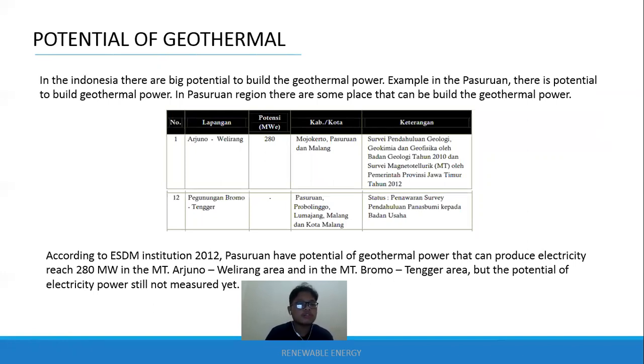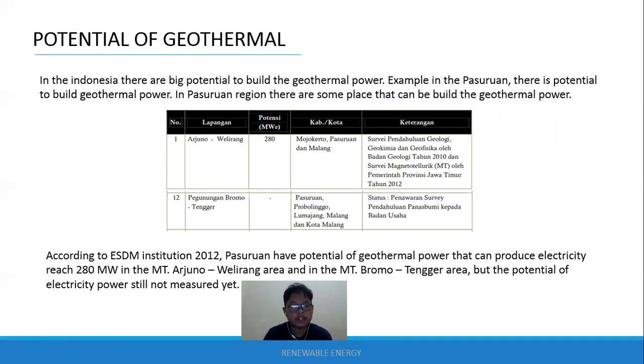So, the potential of geothermal in Indonesia, there is big potential to build geothermal power. For example, in Pasuruan, there is potential to build geothermal power. The Pasuruan region has some places where geothermal power can be built.